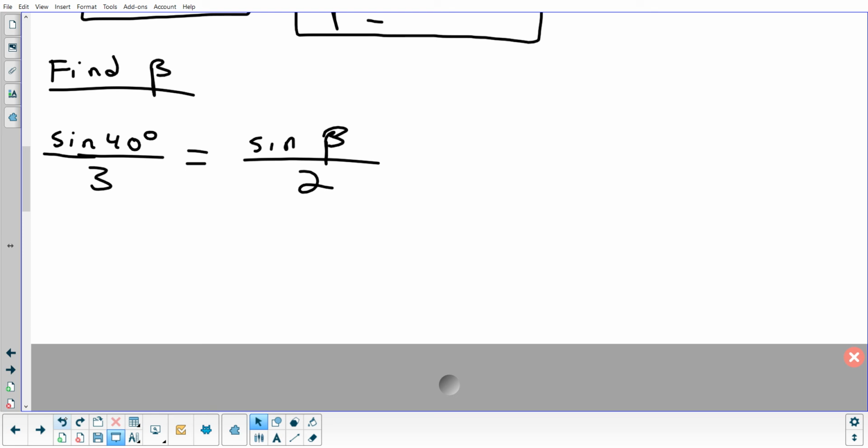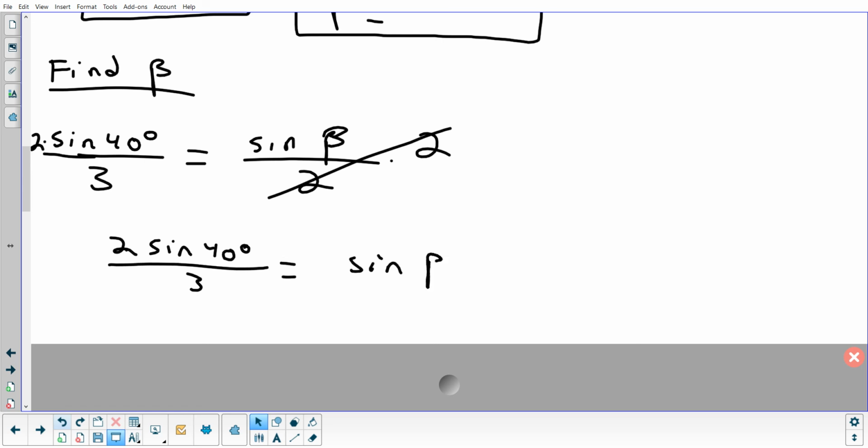Multiply by 2. Times 2. So now we have 2 sine 40 divided by 3 equals the sine of beta.